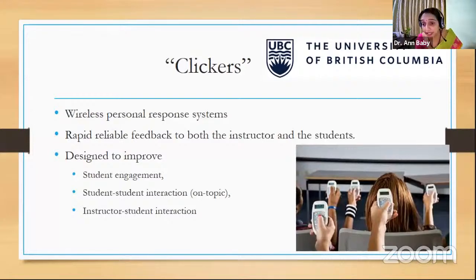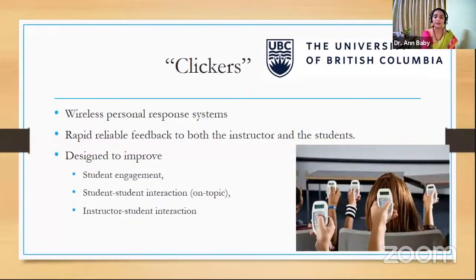University of British Columbia in Canada, they follow clickers. Clickers, online education, now we use it a lot. You allow students to have these personal response systems or mobiles or tabs in their class. So before you come to class, you feed in a few questions, you come, you take your topic, have a discussion in the class, and then shoot these questions onto the devices.